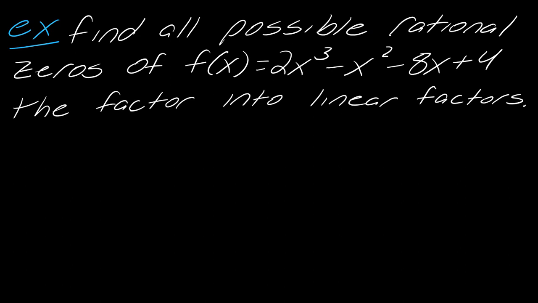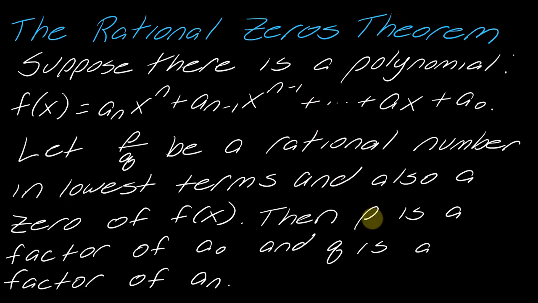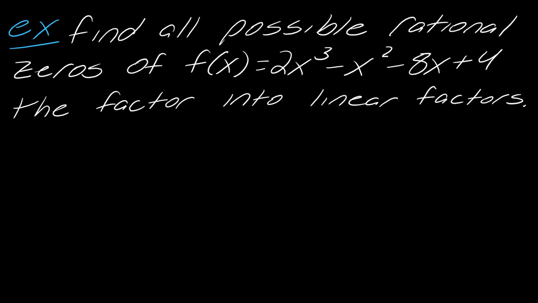This is probably easiest if we just do an example together, right? Okay, so we want to find all possible rational zeros and then factor into linear factors. Okay, so this is a little bit tedious, but remember, p is a factor of this, so this part is my p. Q is the leading coefficient. Okay, so let's just mark those. This is going to be the factors of p, and here's what's going to be my q.